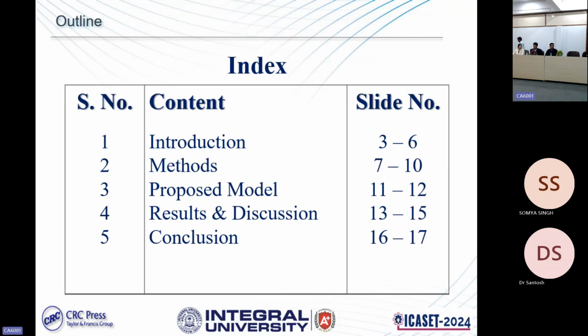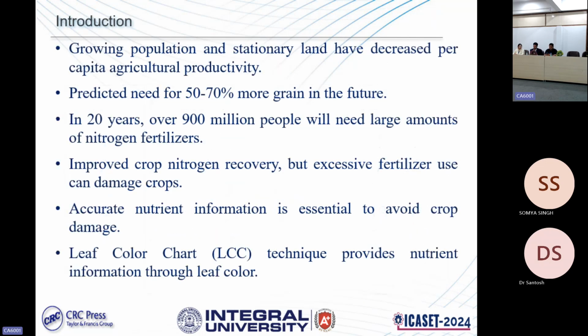My content: introduction, methods, purpose, model, result, discussion and conclusion. Introduction. Nowadays, growing populations and stationary land have decreased per capita agriculture productivity. And second, a predicted need for 70% more grain in the future.